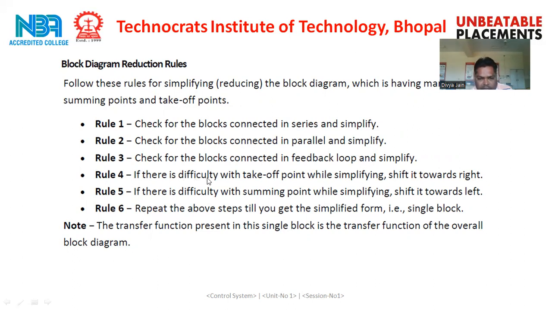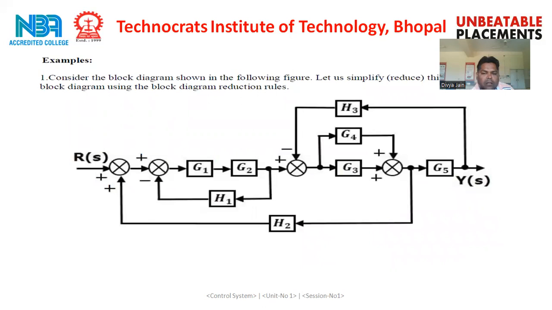If there is difficulty with a takeoff point while simplifying, shift it towards the right. If there is difficulty with a summing point while simplifying, shift it towards the left. Rule number 6, repeat the above steps till you get the simplified single block. The transfer function present in the single block is the transfer function of the overall block diagram.